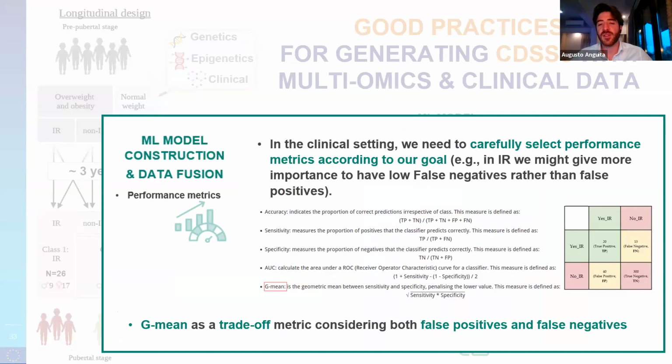And the answer actually depends on the questions, or the problem, that we want to address. Normally in clinical settings, in clinical experiments, it's more dangerous to have false negatives than false positives. This of course will depend on the disease that we are predicting.